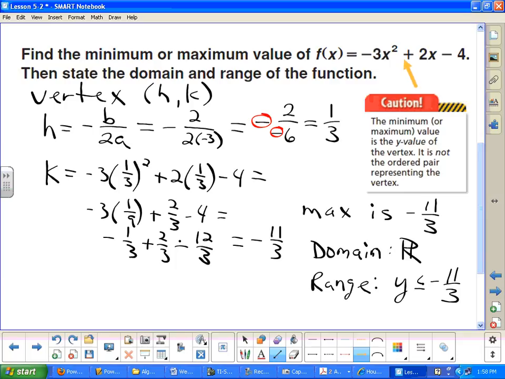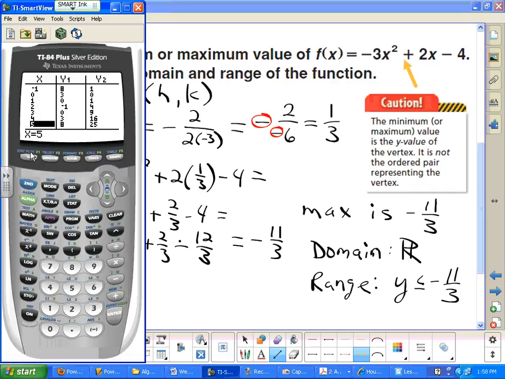Put that function in your y equals. Okay? And then graph it. Y equals negative 3x squared plus.